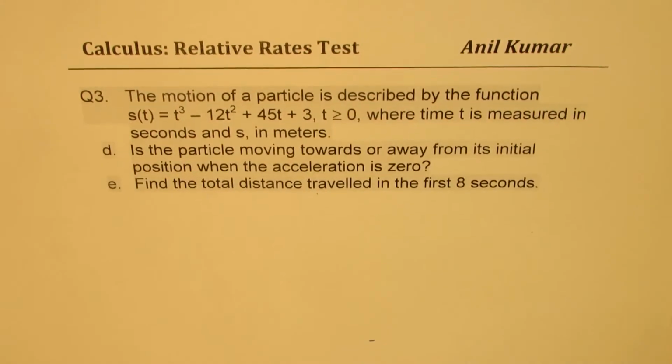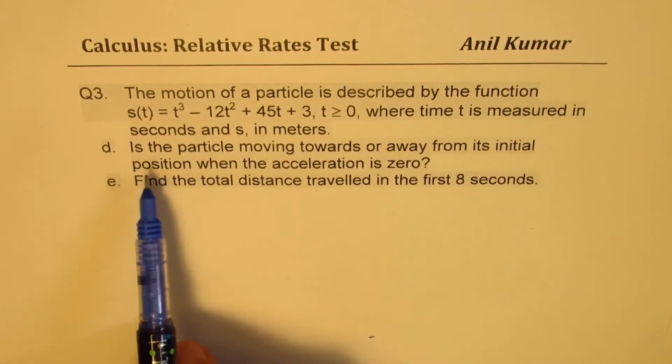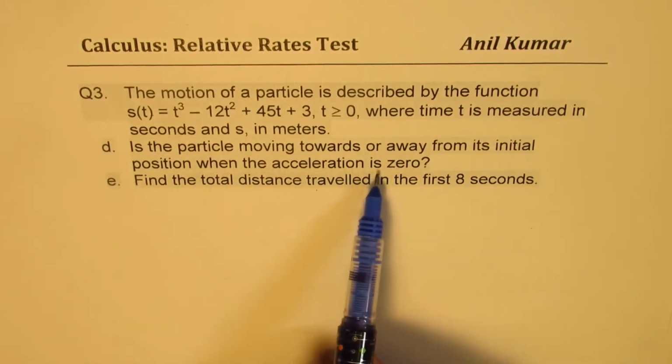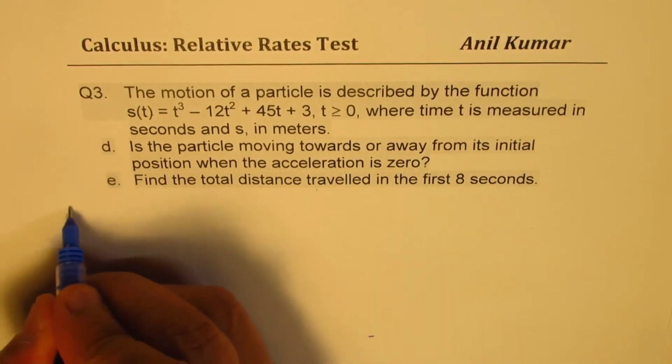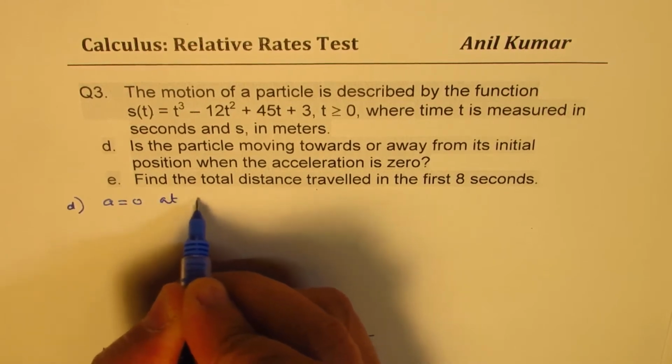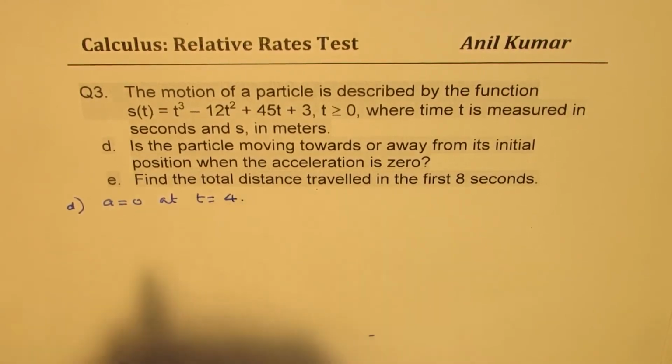Okay, so now let us consider part D. Is the particle moving towards or away from its initial position when the acceleration is 0? We found that acceleration equals 0 at t equals 4, correct?